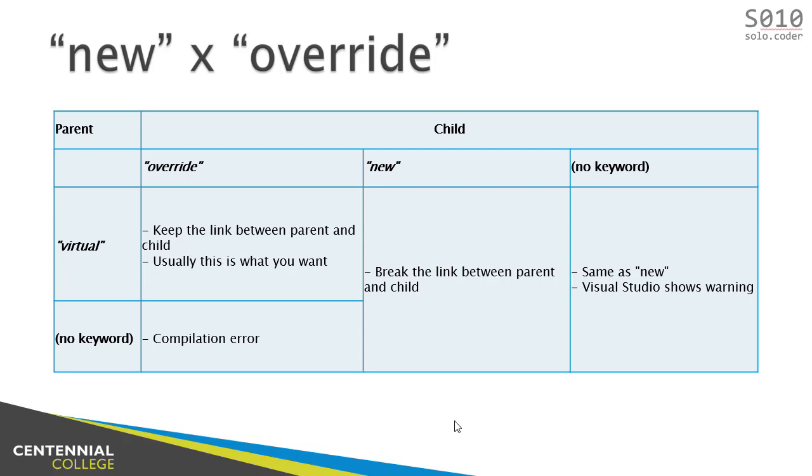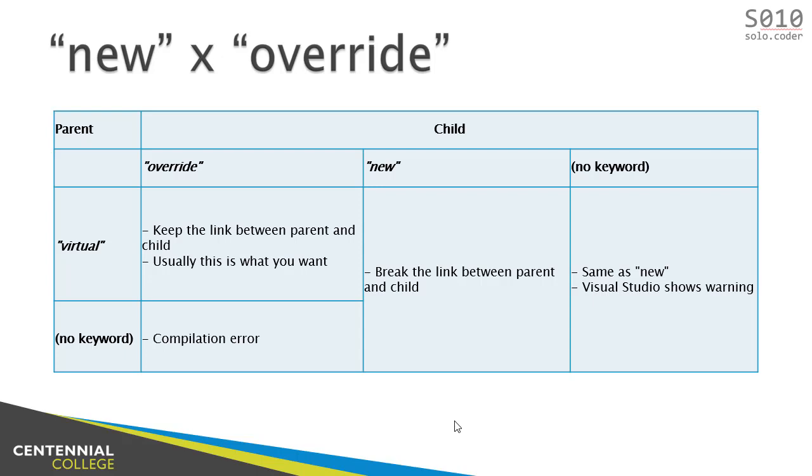If the parent is using the keyword virtual, the child can use the keyword override, and this is what will happen. And by the way, this is usually what you want to happen. So, virtual and override, we keep the link between the parent and the child, and as I said, usually this is what you want to happen. You can use virtual in the parent and new in the child.